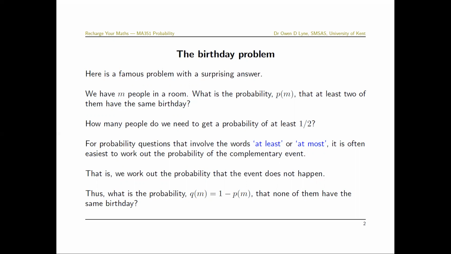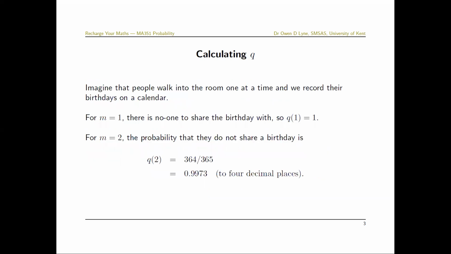There would be lots of combinations, lots of possibilities that I would need to count to work out this probability. What's much, much simpler to do is work out the probability that none of them have the same birthday. We'll call that probability Q, and it depends on m, the number of people in the room. So let's see if we can calculate Q and what answers we get.